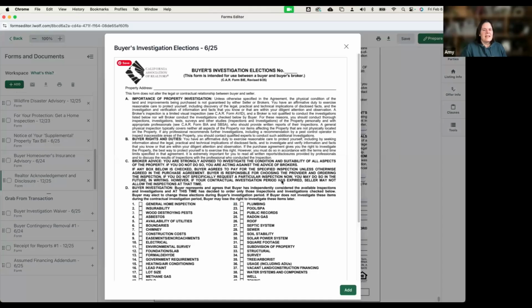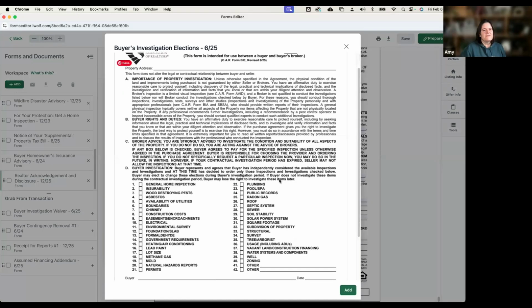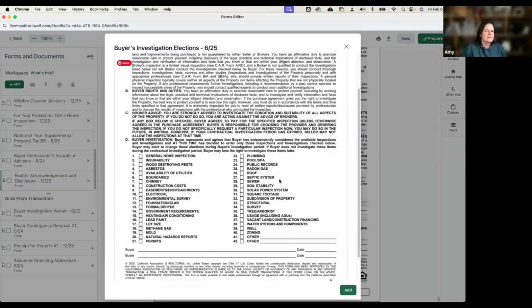It just says that, hey, as a buyer, I'm interested in the following investigations. I like to send it out through Glide versus through zipForms, only because when we send it out through Glide, it's going to break it down just like it does for a seller, a couple at a time. Like, hey, yeah, I'm going to investigate with a general home inspection, insurability and wood destroying pests, right?